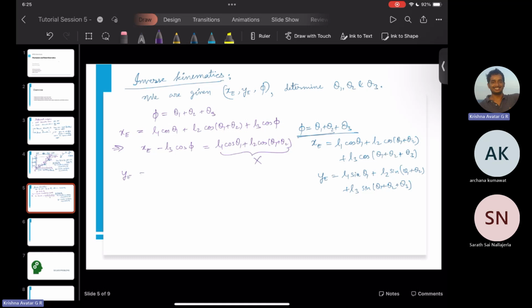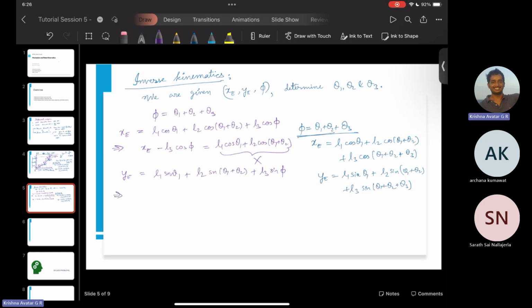Likewise, YE is equal to L1 sine theta 1 plus L2 sine theta 1 plus theta 2 plus L3 sine phi.